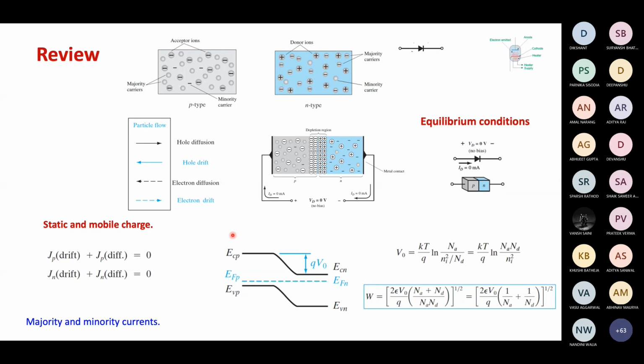It is just the internal electric field profile that is giving rise to this junction potential in the device. Is this sort of clear? Does this make sense to you?